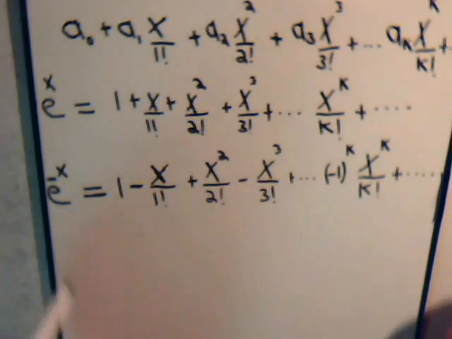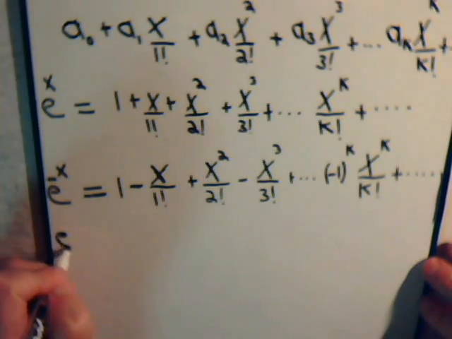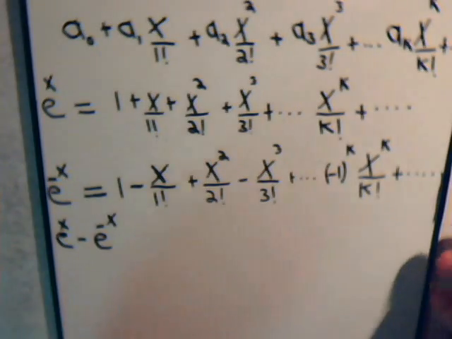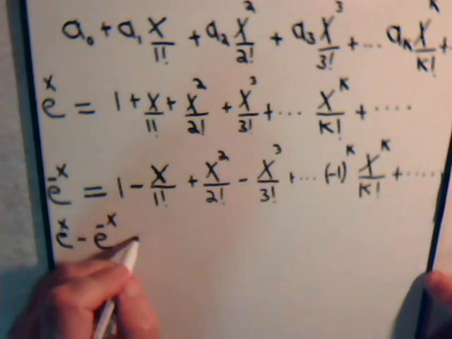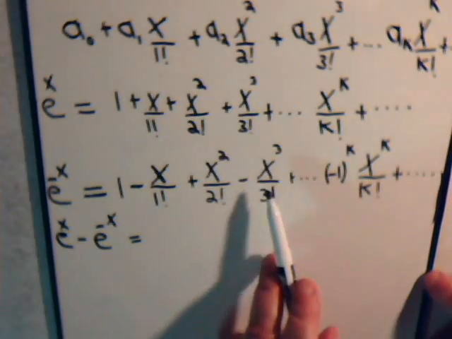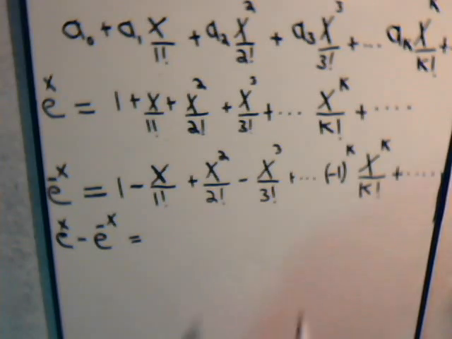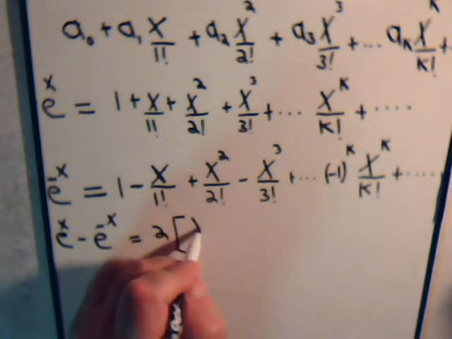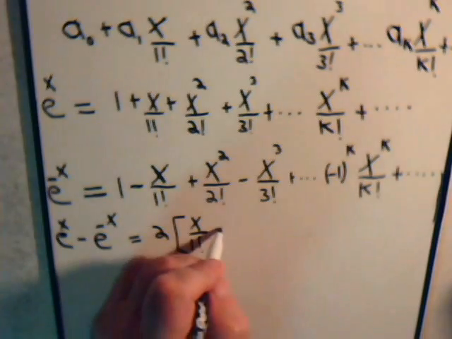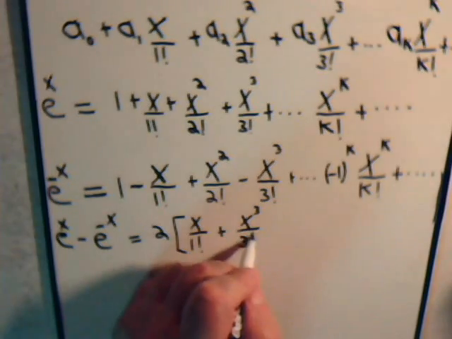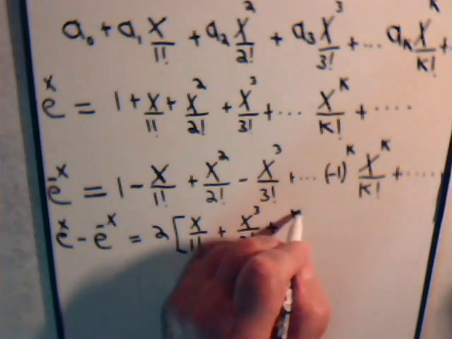So, if we had e to the x minus e to the minus x, that would be equal to, again, these cancel, these add up to 2, these add up to 2, as it does for all the odd exponent powers. So this would be equal to 2 times x over 1 factorial plus x cubed over 3 factorial, and so forth.